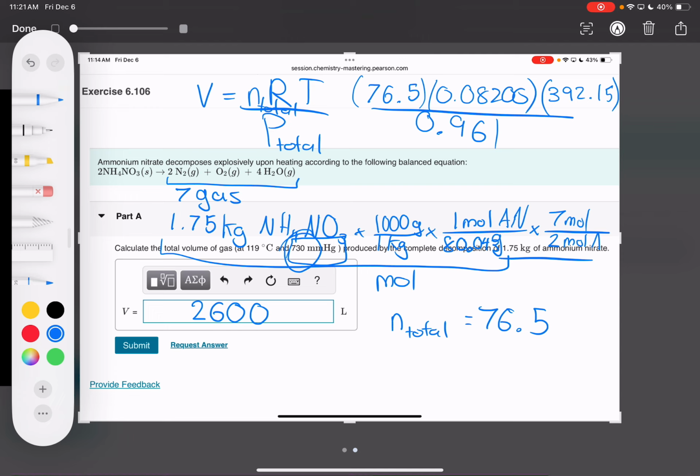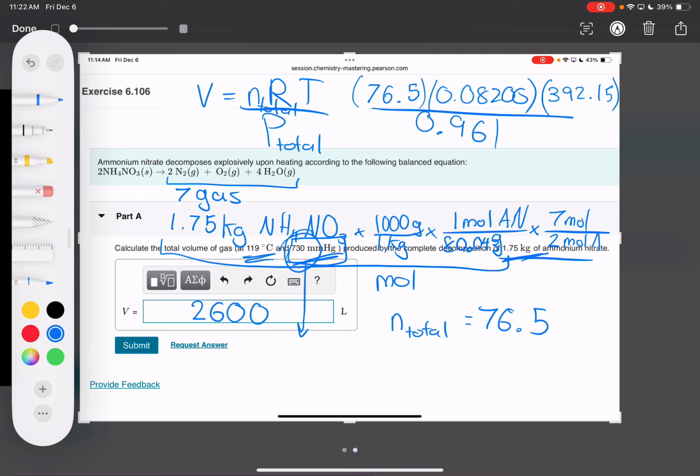Okay, on an exam, how would I test this question? I like everything except I would put everything so you didn't have to convert the units. So I would give you the temperature in Kelvin, I'd give you the pressure in atmospheres, I'd give you this in grams, and then maybe I'd give you a hint by saying calculate the total volume of gas at the temperature and a total pressure of such and such.